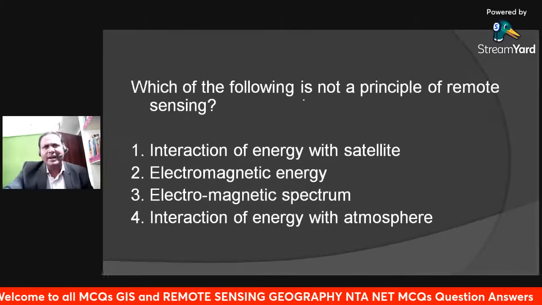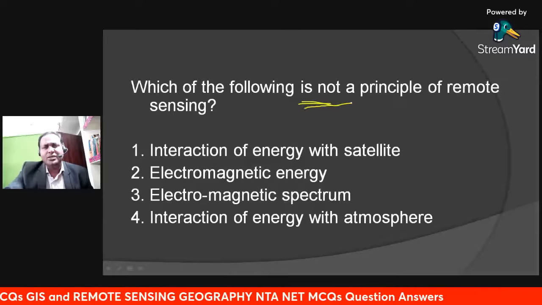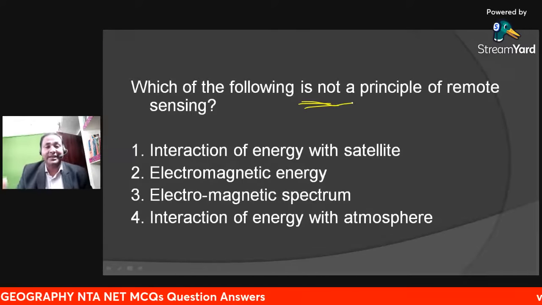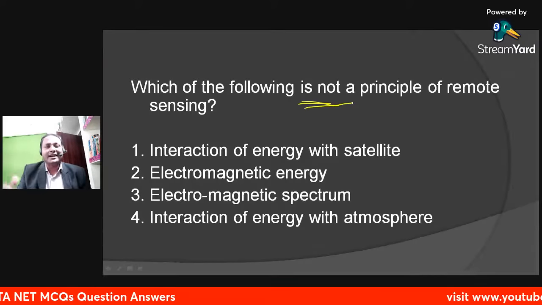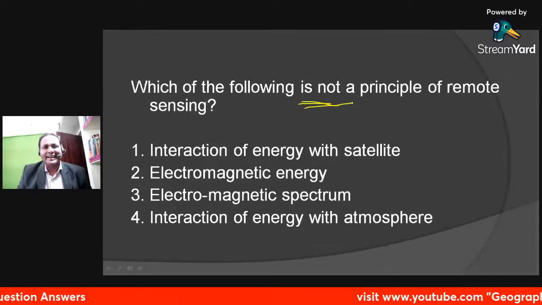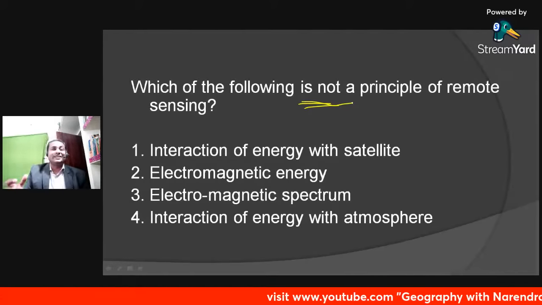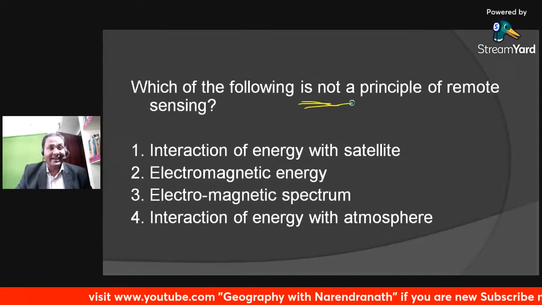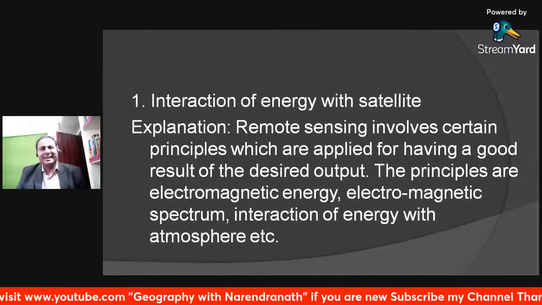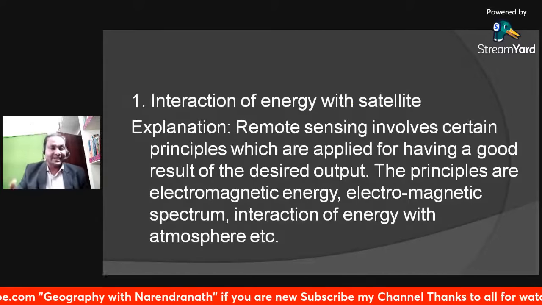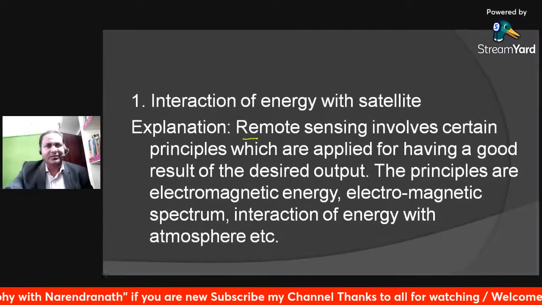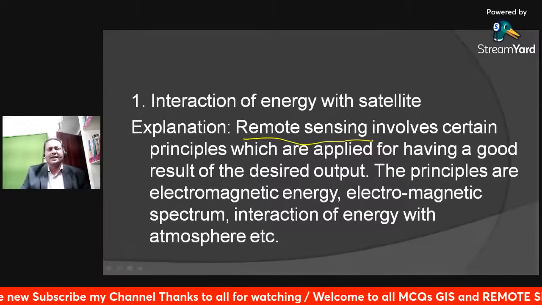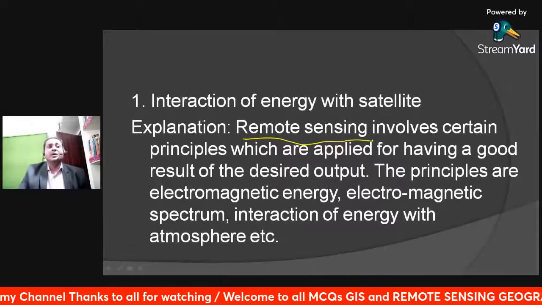Basically, must read it more than two times, because sometimes students are very tense in the exam center and can miss the word not. So definitely the interaction of the energy with the satellite is the correct answer, because remote sensing involves certain principles which are applied for having a good result.